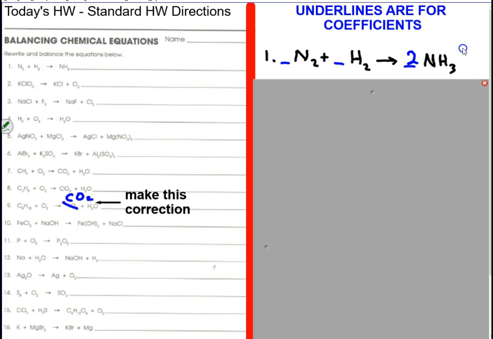So what we do is we say, now, how many nitrogens? And hydrogens? 6. Okay. So our nitrogens are balanced, but our hydrogens are out now. So how do I fix the hydrogens? Times 3. 3 times 2 is 6. Okay? And so this 3 times this 2 is 6, and this 2 times this 3 is also 6.